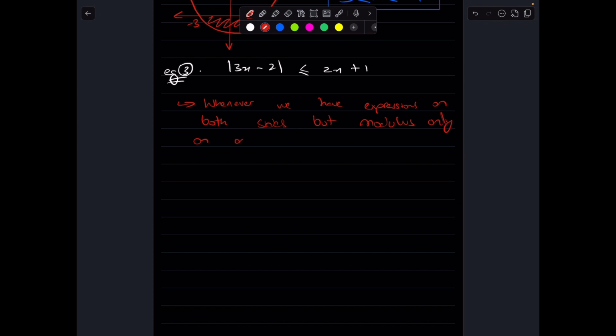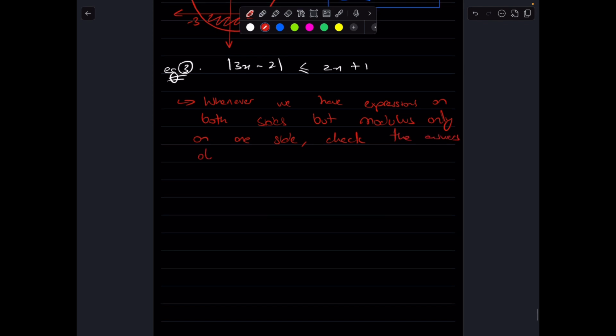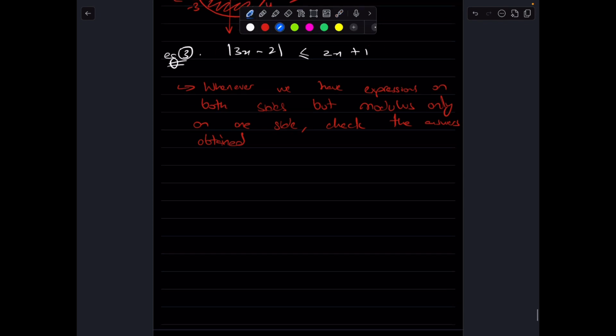I repeat, whenever we have expressions on both sides, but a modulus only on one side, we must check both the answers obtained to check if one of them is rejected or not. And in this example, we'll have to do the same thing.